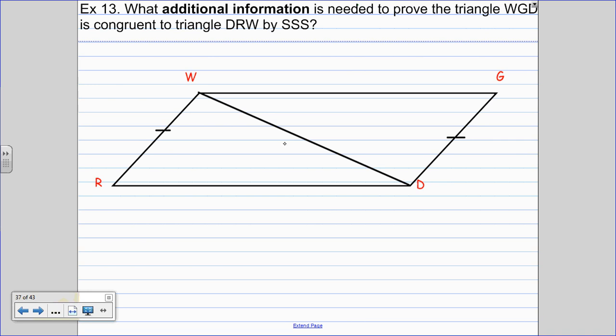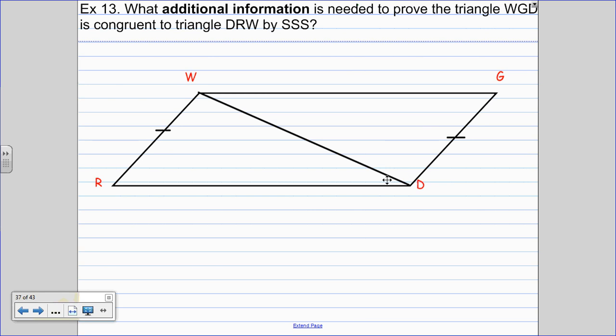Number 13 asks, what additional information is needed to prove the triangle WGD is congruent to triangle DRW by side, side, side? So currently we clearly see that one side in each triangle is marked. You have RW marked and you have DG marked.